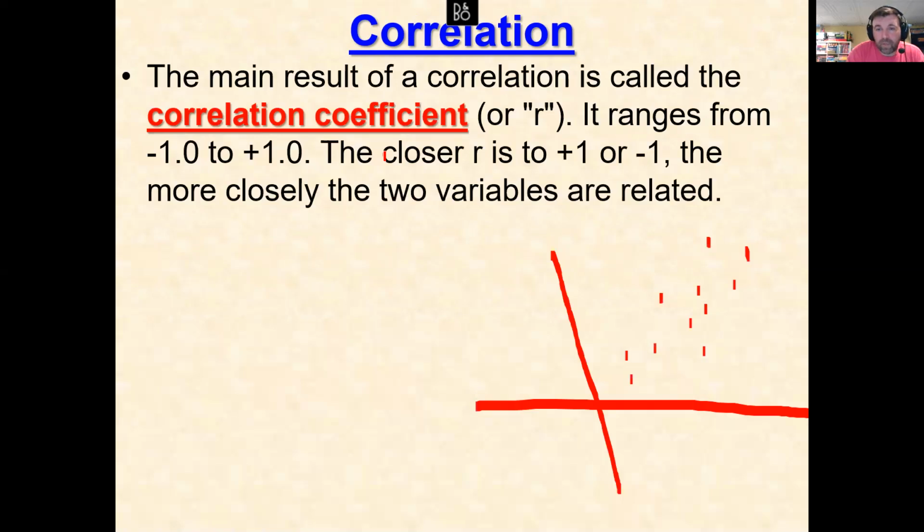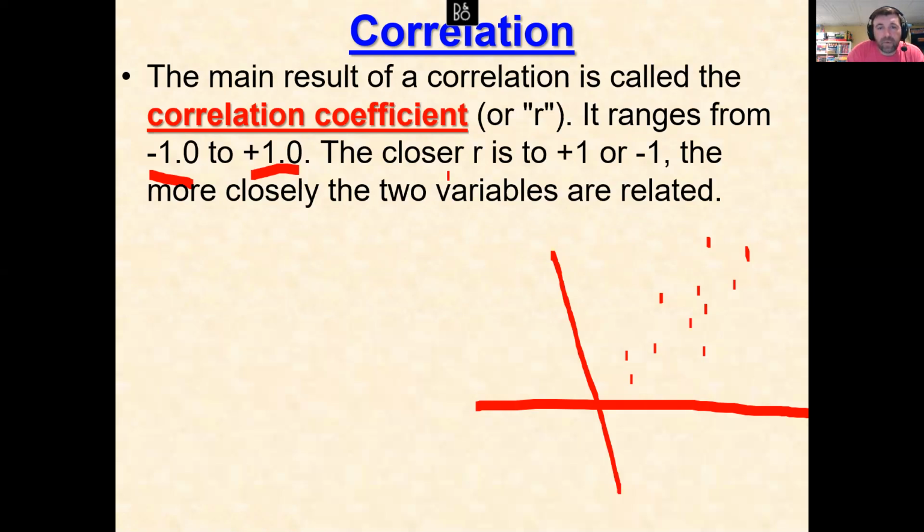R is going to be a number that's given to you in StatCrunch. If you've watched the StatCrunch video, you will have seen that that number just pops up when you calculate the equation. The things you do need to know without StatCrunch is that R goes from -1 to +1. The smallest R value is -1, the largest is +1, so it's something in between.